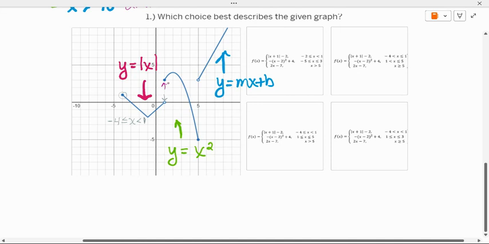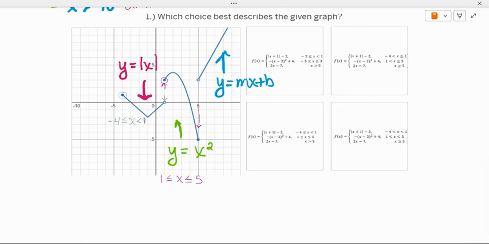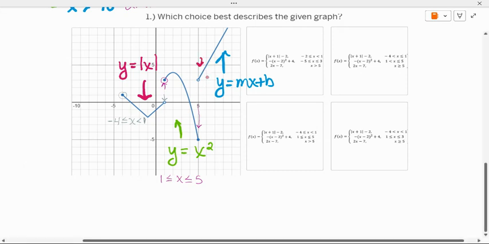My domain: +1 is less than or equal to x, closed circle, and the largest value is 5, less than or equal to 5. So 1 is less than or equal to x is less than or equal to 5. And then our last function, our linear function, we have an open circle.